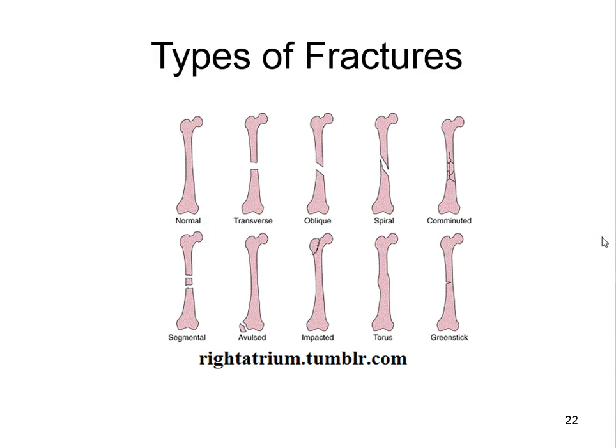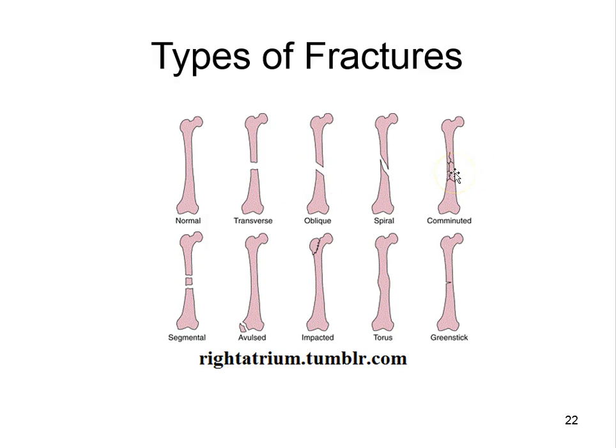We're going to talk about the different types of fractures. This is normal bone. A transverse is when the break is straight across. Oblique, it's angled, like that. A spiral, so the break twists around the bone. My dad got one of these when he was playing softball, and he planted his foot and turned his body, and it just broke it. It was a spiral fracture.